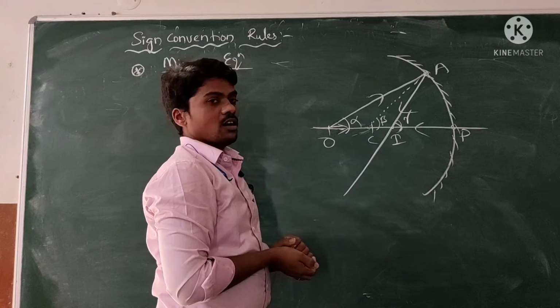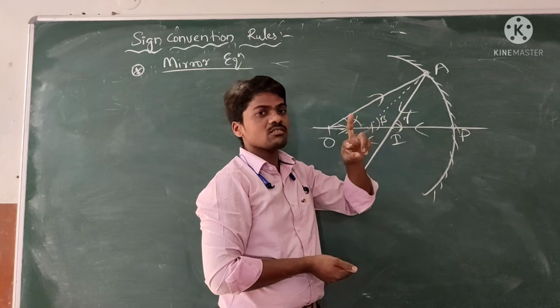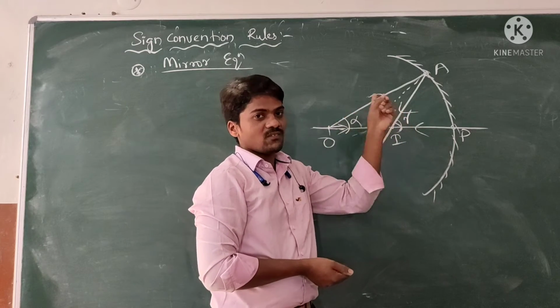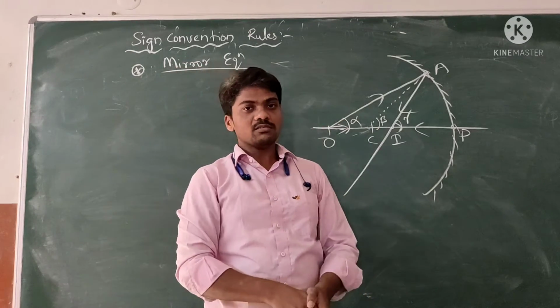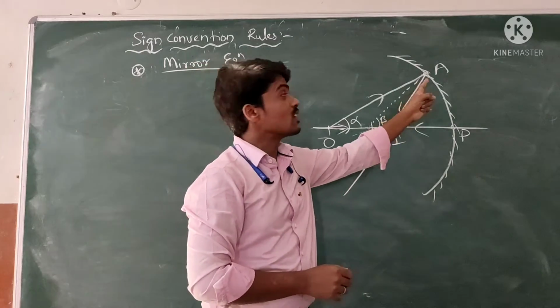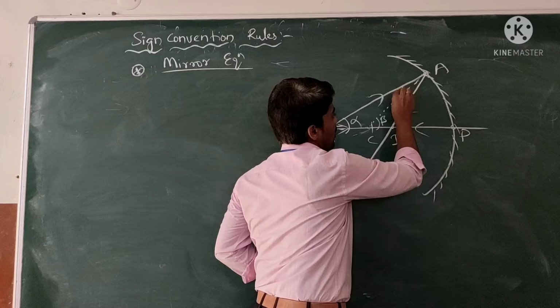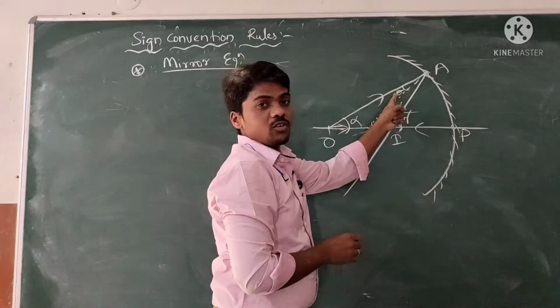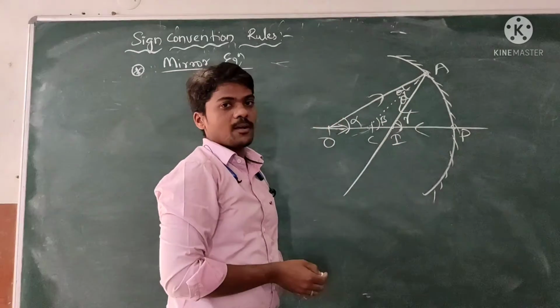Already you know the laws of reflection. What is meant by the laws of reflection? There are two laws. The incident ray, reflected ray and normal are in the same plane. Second law: the angle of incidence equals the angle of reflection. See here, this is theta, the angle of incidence, and the angle of reflection is also theta.